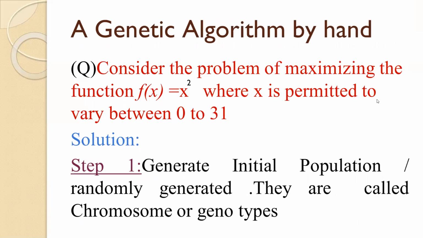So to understand genetic algorithms in a very simple way, consider a problem: function f of x equal to x square, where x permits the value 0 to 31. So step 1, randomly select the chromosomes between 0 to 31.